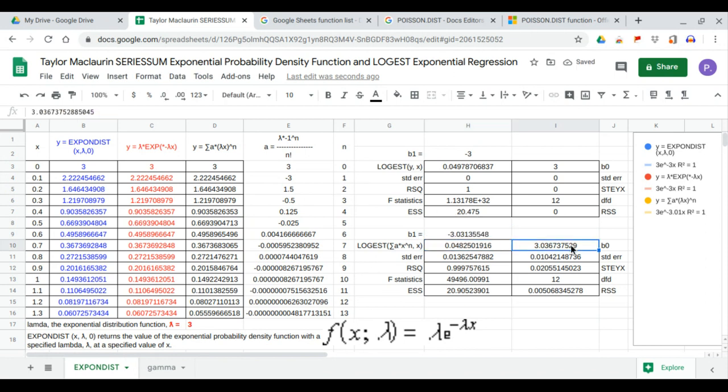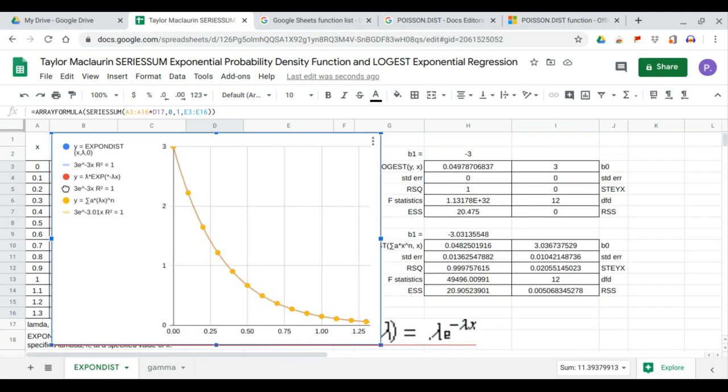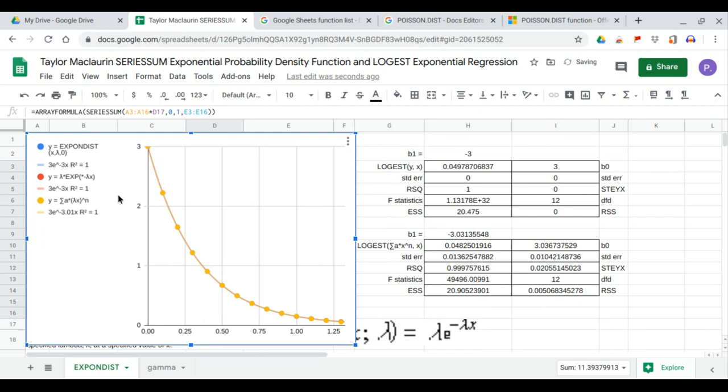So we don't get a perfect 3 here because it's only an approximation. But the yellow covers the red and the blue data sets. So this completes the LOGEST exponential regression and the Taylor-Maclaurin series sum expansion of the exponential probability density function.